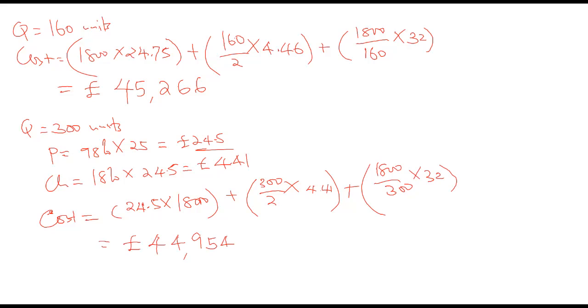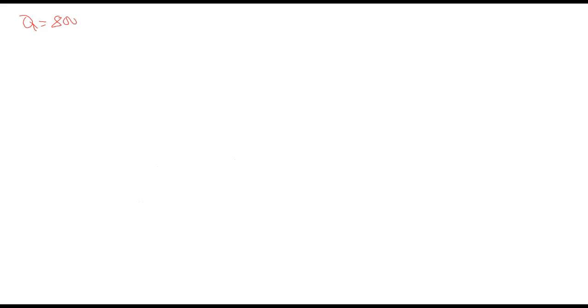What if you want to get more discounts? Let's see whether it is going to be good for the business. Now the Q is 800. Let's get a discount at a Q of 800. You'll be getting 4% discount. Therefore, the price we pay will be 96% times the price per unit, 25, and you get 24.